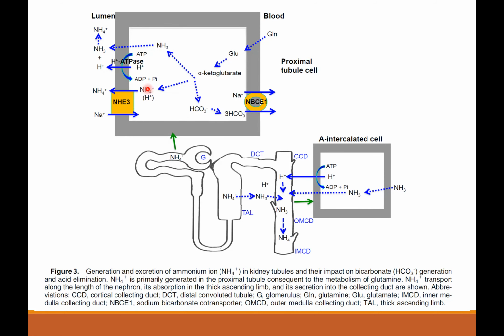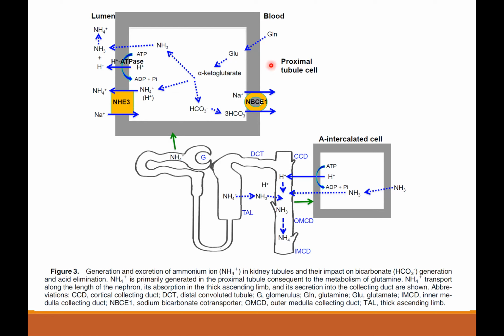And this ammonium ion is exchanged by the NHE3, the same one which exchanges the hydrogen. Here, instead of hydrogen, it exchanges the ammonium, which also contains hydrogen. So it's a sodium-ammonium exchanger, the same NHE3 which is there earlier also. Here the same one is operating. Where is this happening?